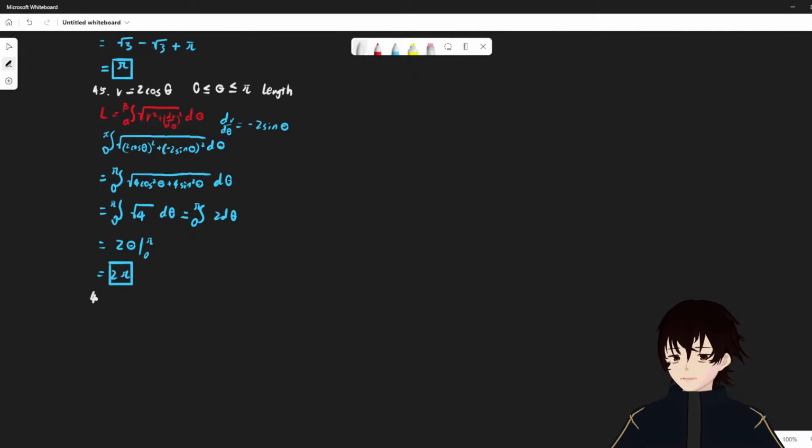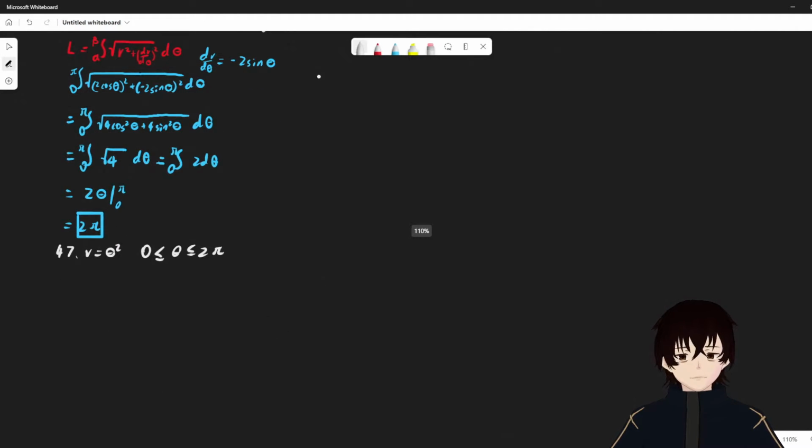Next up, number 47. r is equal to theta squared. Theta is between 0 and 2 pi. Alright, dr over d theta is equal to 2 theta.